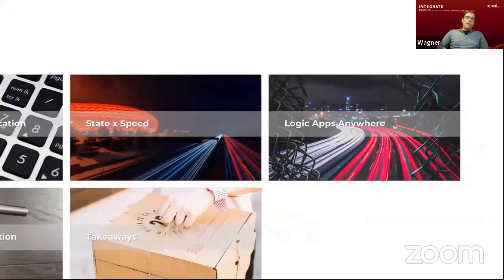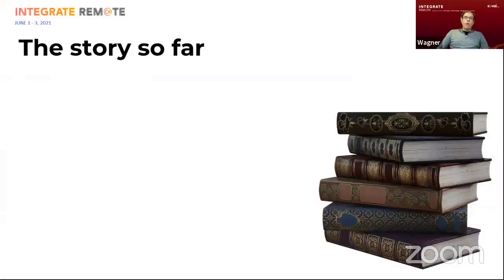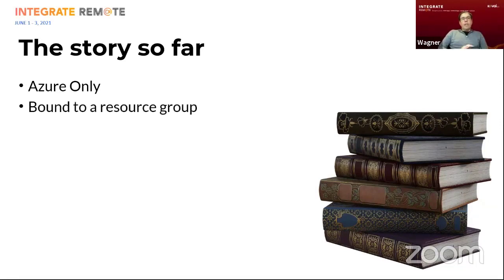And the third item here is Logic Apps Anywhere, which you have all probably already heard a lot about, right? So from a Logic Apps Anywhere point of view, the story so far was that Logic Apps was not everywhere. Logic Apps was pretty much an Azure-only component, the iPaaS running on Azure. So it was bound to a resource group, right?